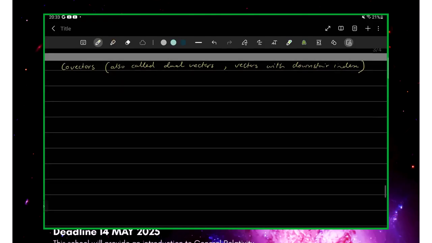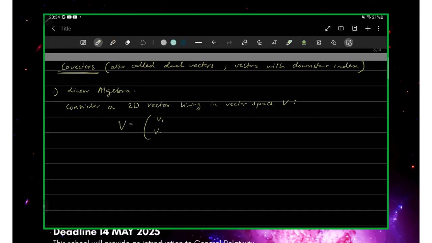Okay, so covectors, what are they? In fact, you have actually worked with covectors before, but you probably gave them different names. For example, in typical linear algebra, if you consider a two-dimensional vector living in some vector space, let's call that V, you would write that vector as V1, V2, something like a column matrix, right?